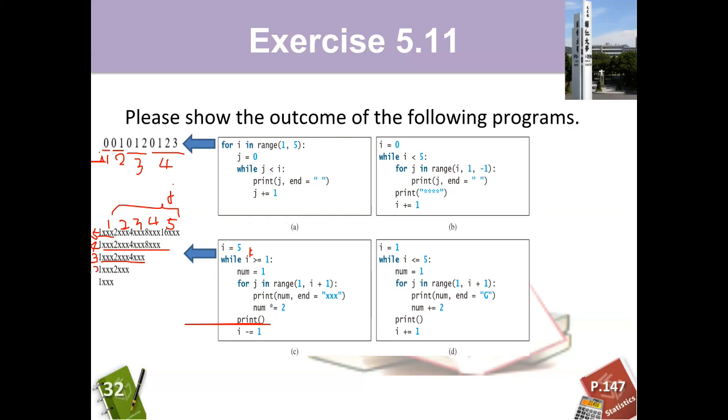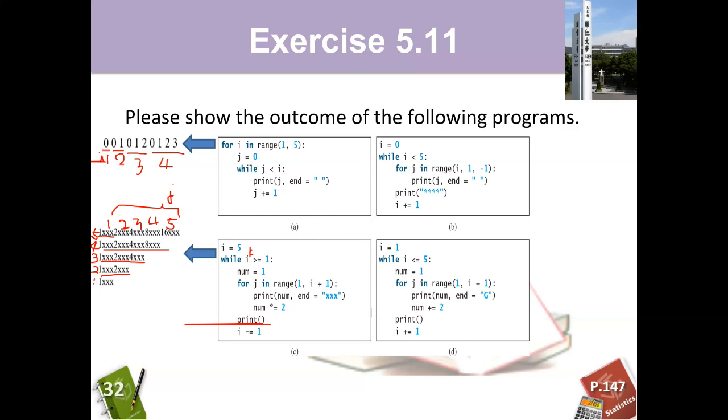And i equal 2, and j just does 2, because the range is from 1 to i plus 1. So actually, when i is 2, then j is 3, but the range is 1 to 2, right?